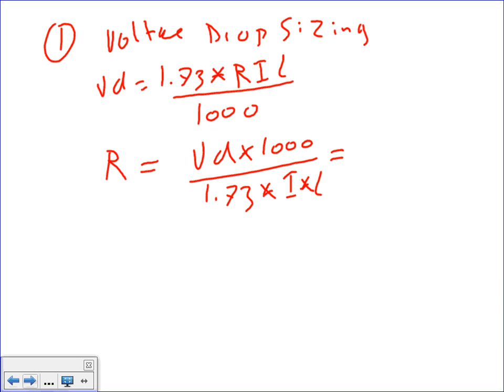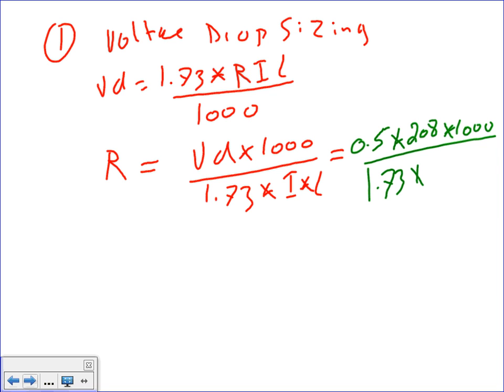Okay. Now remember, voltage drop 3%. Now voltage drop for fire pumps is allowed to go deeper to what? 5%. So voltage drop here is in volts, not percentage. So here's 0.5. Why 0.5? Because it's a fire pump. Otherwise, it would be 0.3 times the source voltage that we're running this motor at. 208. 208 times 1,000. What's 1,000, Brad? 1K. Times 1.73 times what's the current?